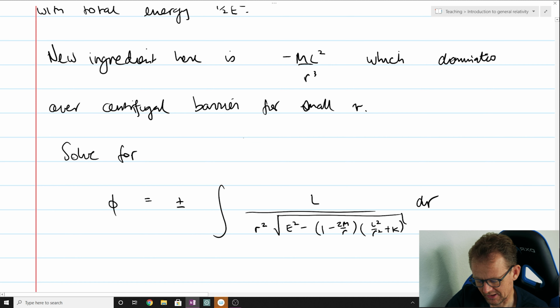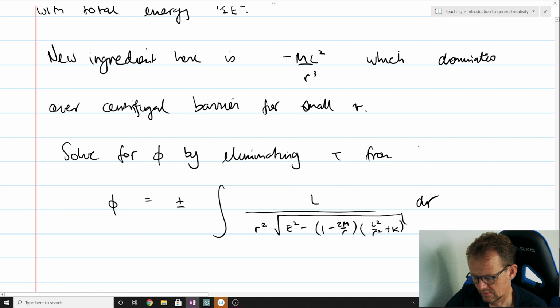Just realized I've written down the angular motion. You can do this by eliminating the tau dependence from equations 2 and star. And that's how you arrive at this equation here.